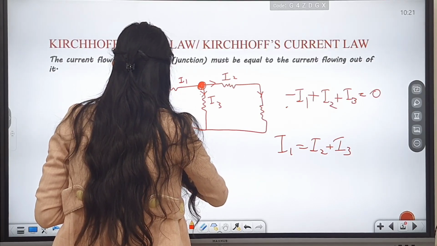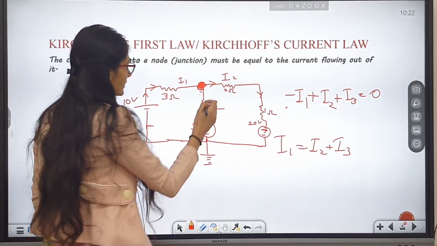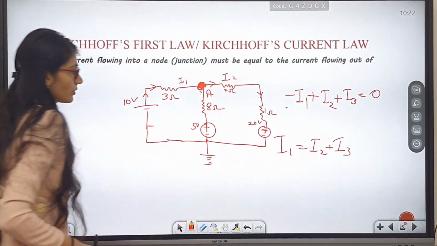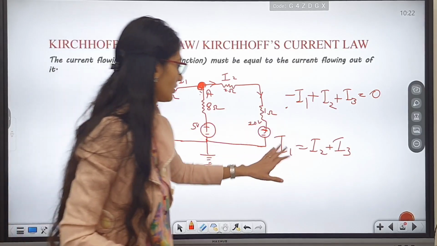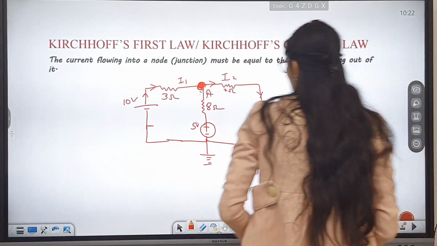Suppose we are given some values. You're asked what would be the voltage at a point, give it a name, say it's A. You just need to find it. Use the convention if needed, not every time, if needed.